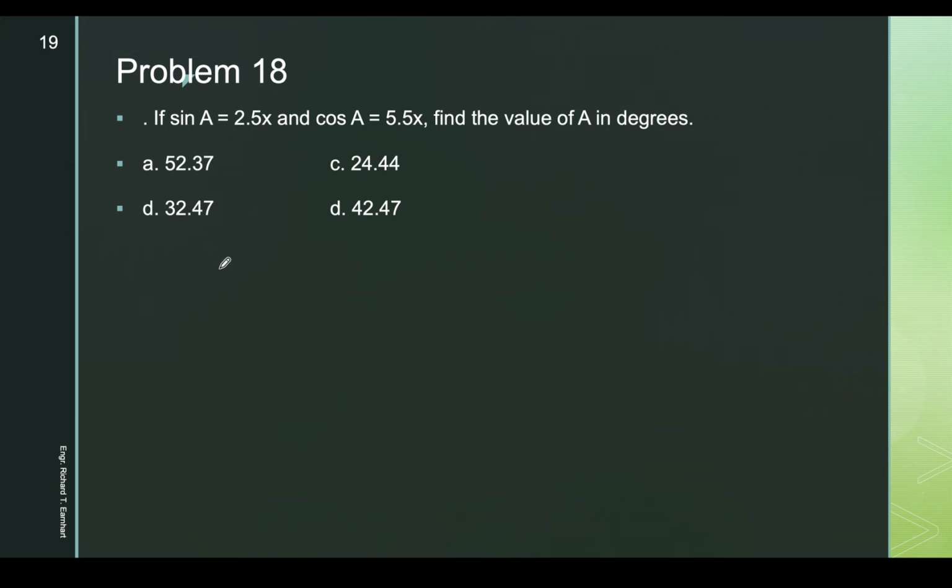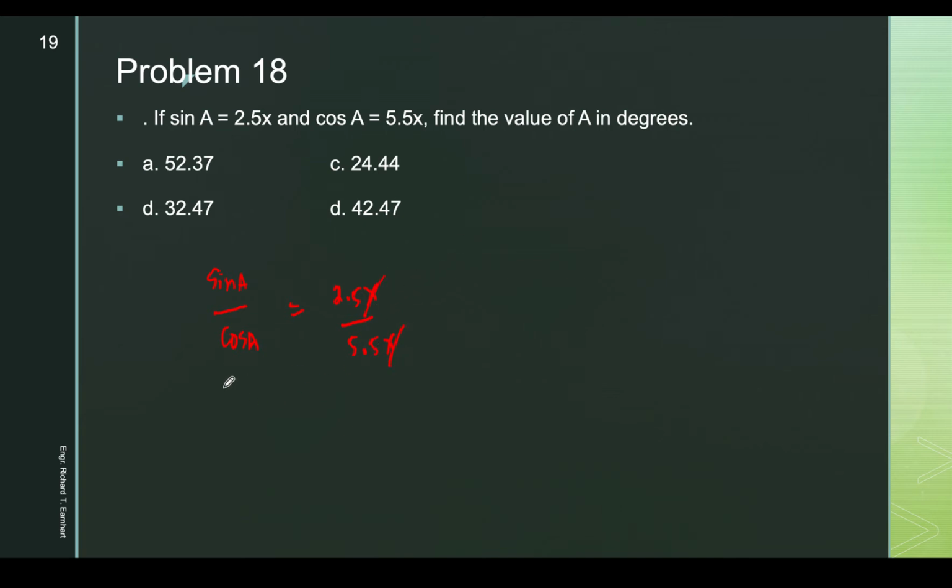Okay, so we divide sine A by cosine A. That is equal to 2.5x over 5.5x. So x here will cancel out.